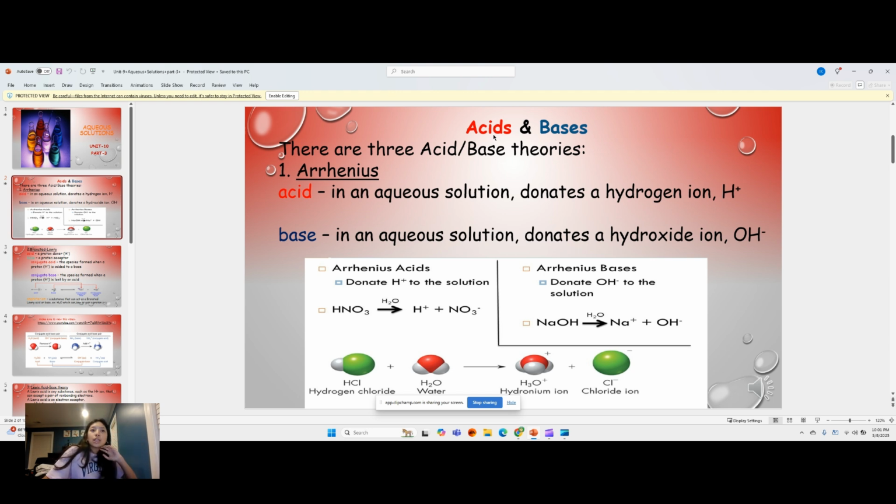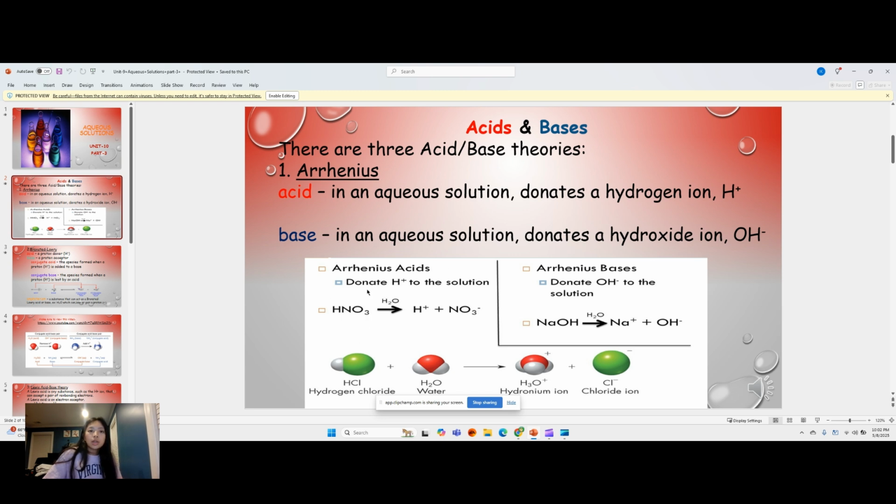Okay, so acids and bases. There are 3 theories: your Arrhenius, your Bronsted-Lowry, and your Lewis. With Arrhenius, in an aqueous solution, the acid will donate a hydrogen ion and the base will donate a hydroxide ion.